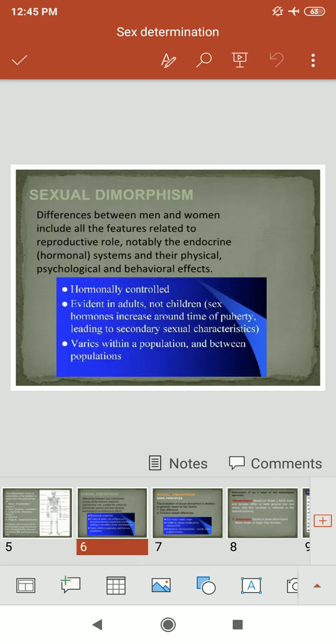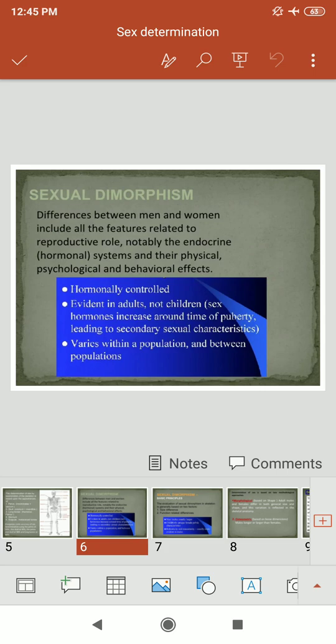On the basis of this sex determination, we recognize the differences between the male and female. Sexual dimorphism, the differences between men and women, includes all the features related to reproductive role, notably the endocrine hormonal systems and their physical, psychological and behavioral effects.